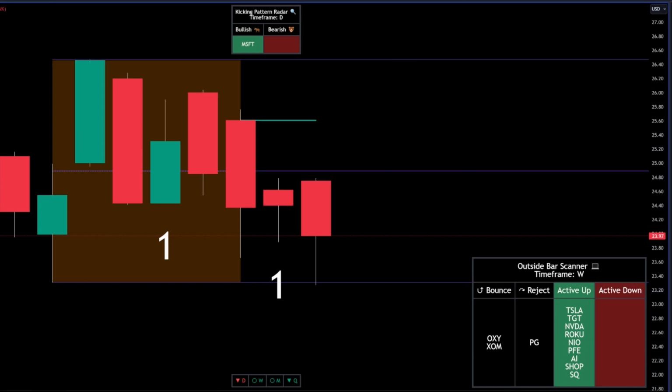And so, yes, let me answer this question, because it's going to clarify things as well. Does the rejection or bounce populate into the table as soon as it rejects and bounces from that level? Yes.